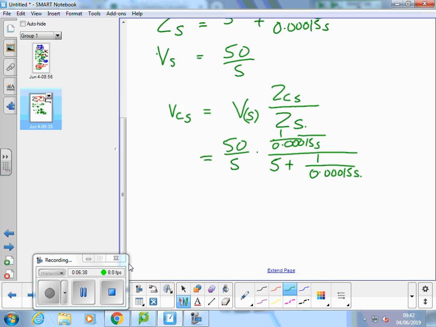Now we've got a fraction divided by a fraction, so we can write 50 over S times... wait a minute. No, hang on, you can't do it like that, it's wrong.